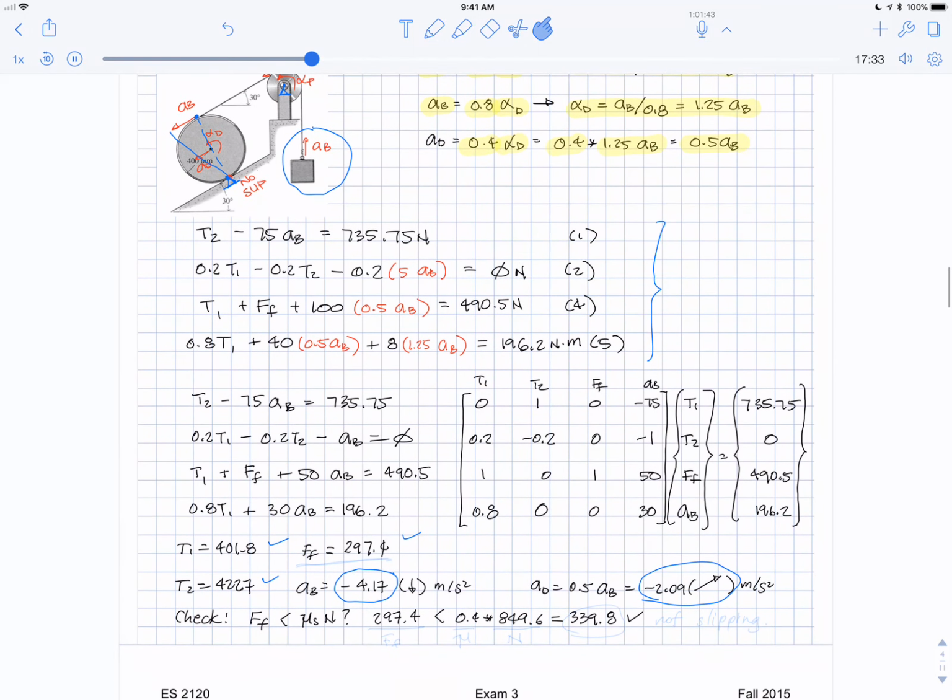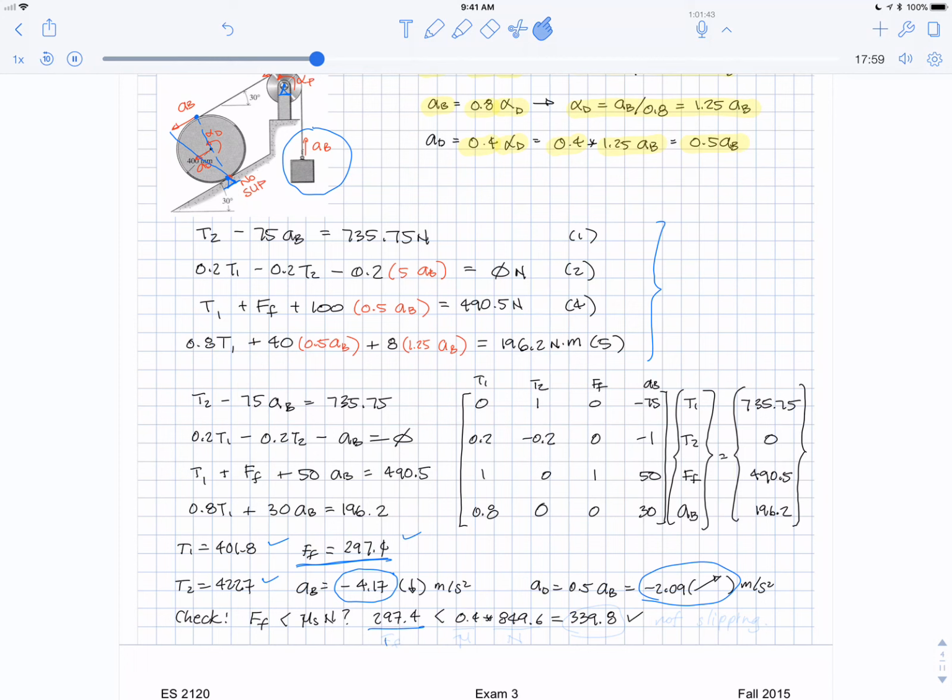The last thing we have to do is check if it's slipping or not. One of the things I solved for in those four equations was the friction force, 297 newtons. Is that less than the static coefficient of friction times the normal?